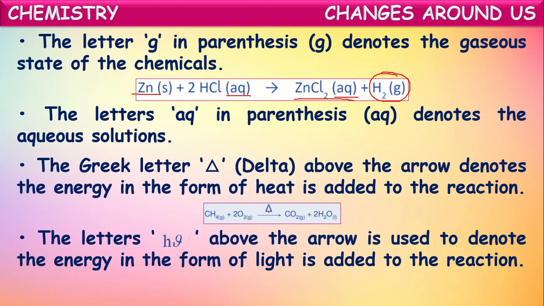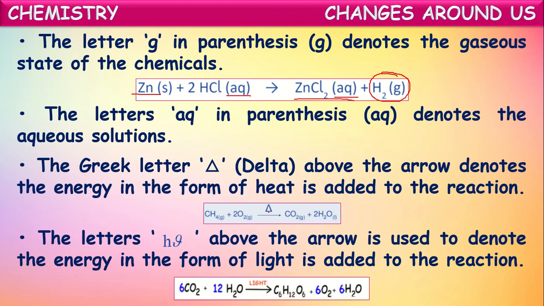One of the examples for this kind of reaction, as we know, is photosynthesis, isn't it? Photo represents light, synthesis means production. So plants prepare their food in the presence of light energy, with the absorption of light energy. That is why it is called photosynthesis.